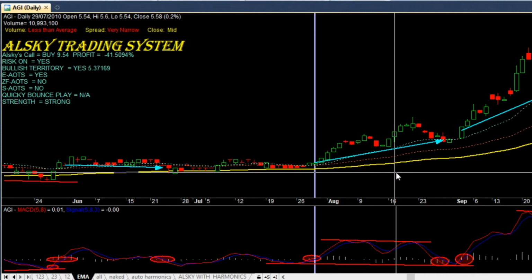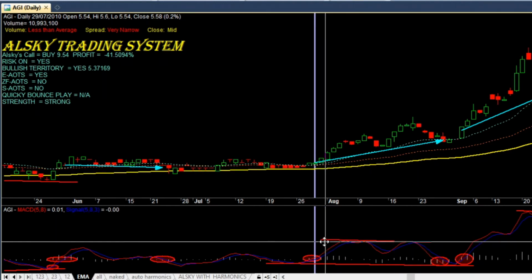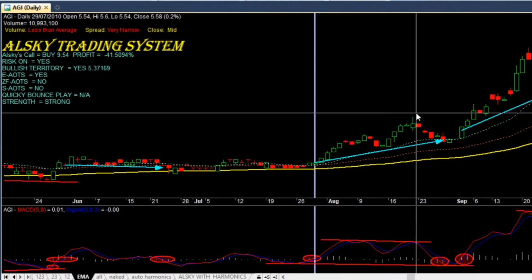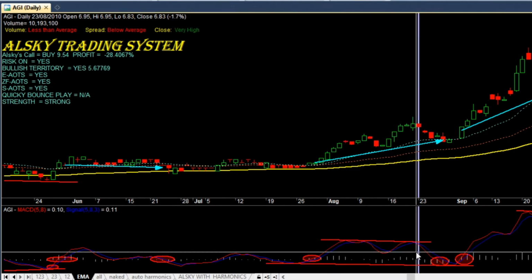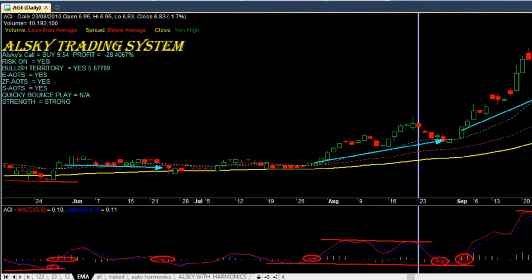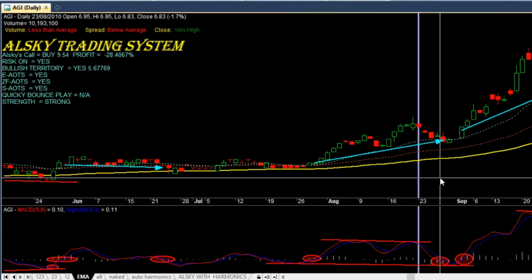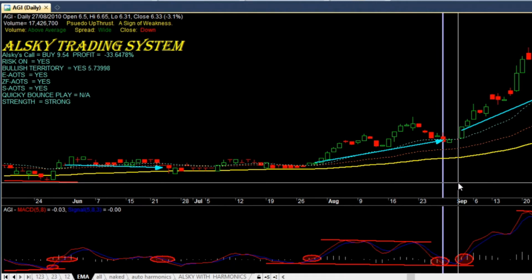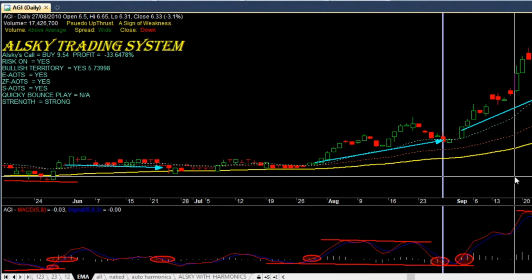As for our exit, so we have here a divergence. So you can sell at the crossover after the divergence, or you can sell on the confirmation when our MACD cross below the zero line.